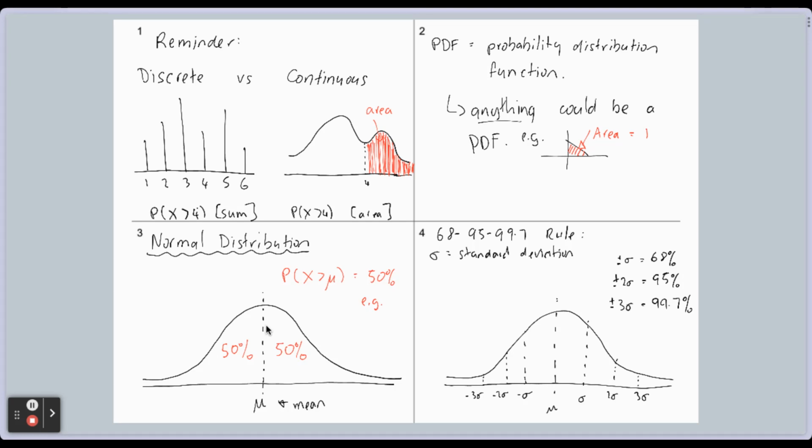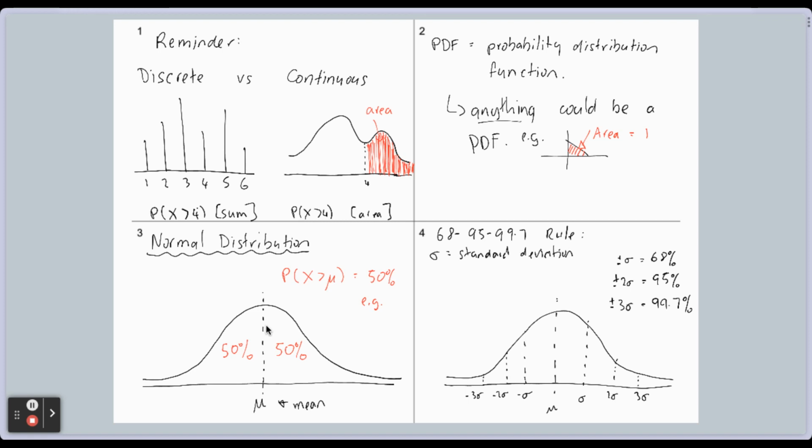So what that means is that 99.7% of all data will be represented 3 standard deviations away from the mean. So if the mean was 10 and the standard deviation was 2, that'd be -2, -4, -6.